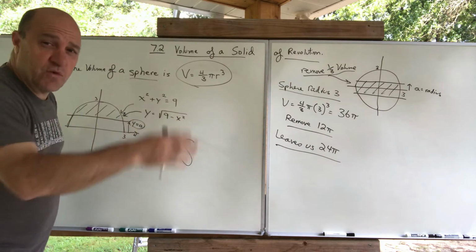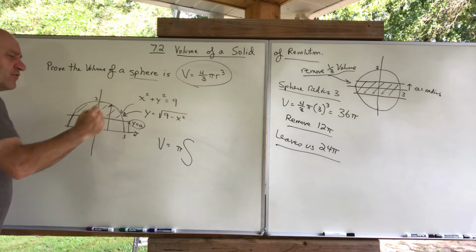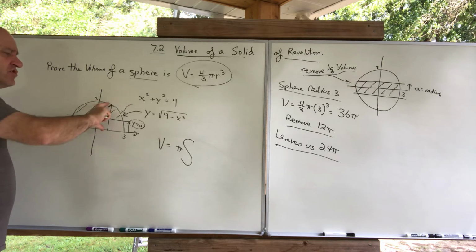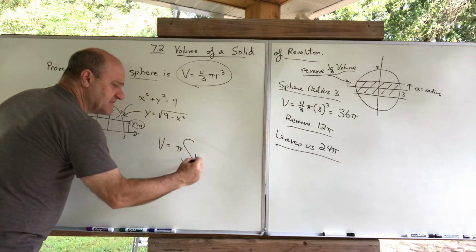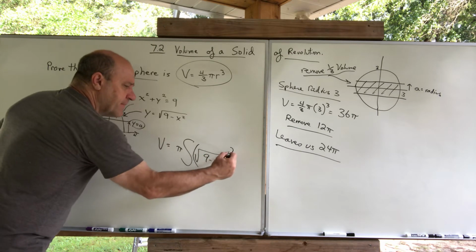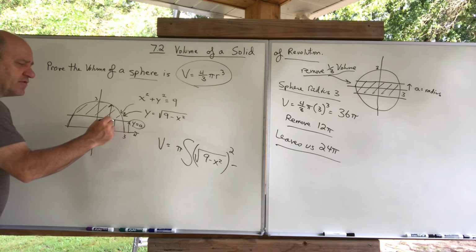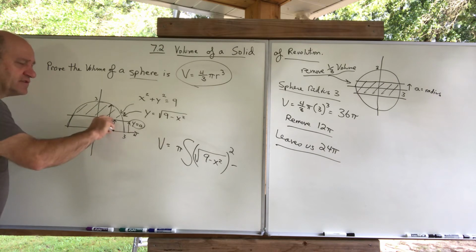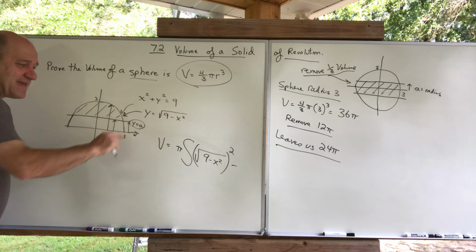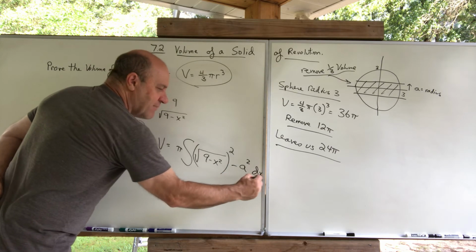But the disk method with a hole in it means I have an outer radius. What is this outer radius? Oh, that's the function, the semicircle. That's the outer radius squared minus the inner radius squared. The inner radius squared is that radius, which is that height A. Good, that's the problem.